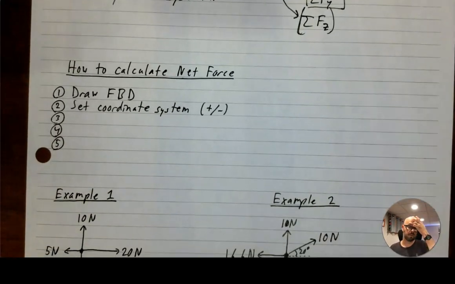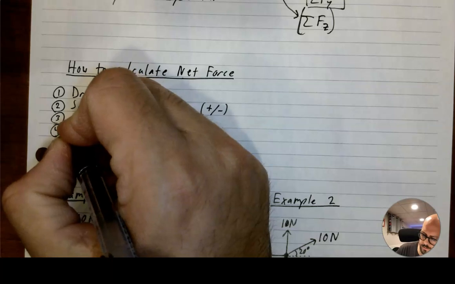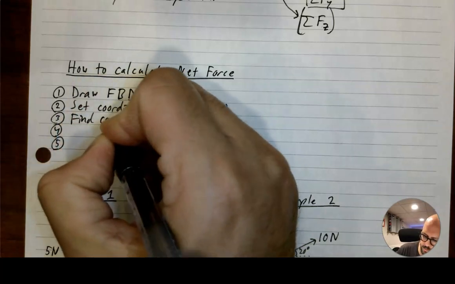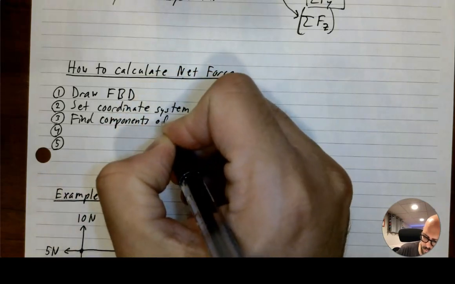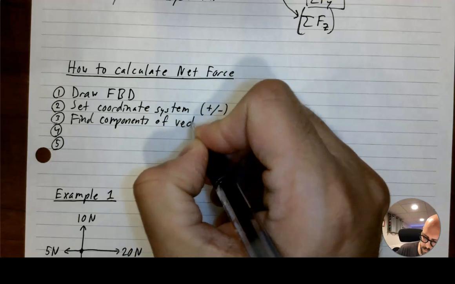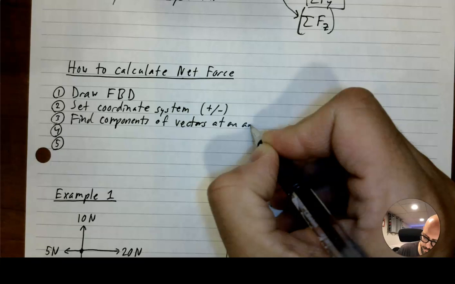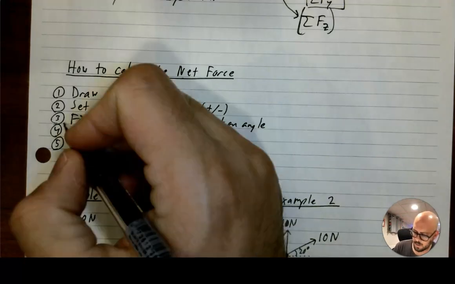So one thing that's really important is you want to find components of vectors at an angle. So if you see a vector at an angle, you want to immediately do trig for that to break that apart into two components.